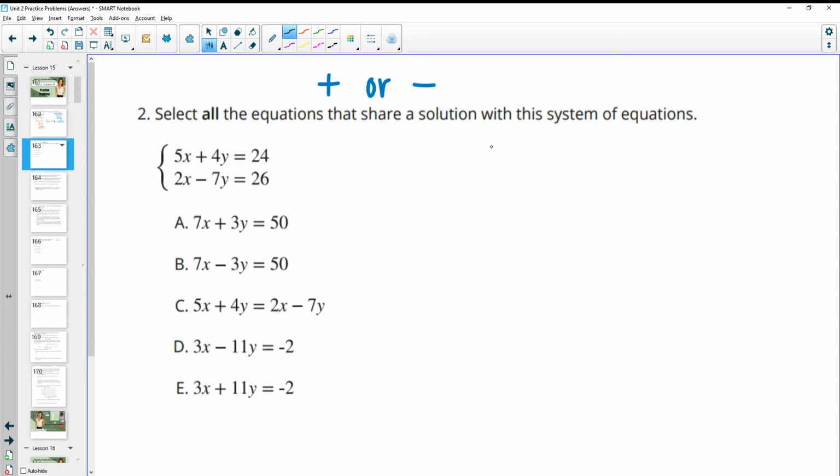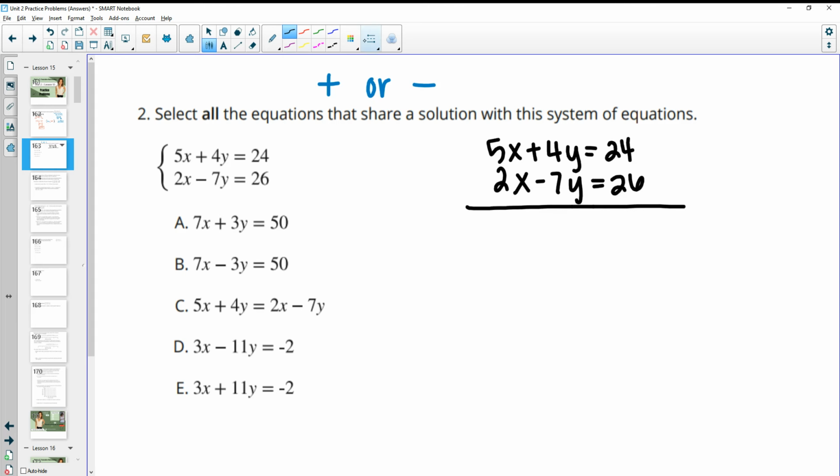So let's go ahead and over here, let's add the two equations together so that we can see what we get when we add them together. So we're going to go ahead and plus these. So 5x plus 2x is 7x. 4y plus -7y is -3y. 24 plus 26 is 50.